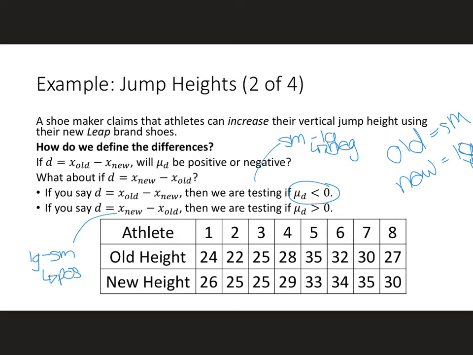That's why you see here mu sub D is greater than 0. So it does depend on how you write this. You would end up with the same answers in the end. You just need to make sure that you write them the right way.